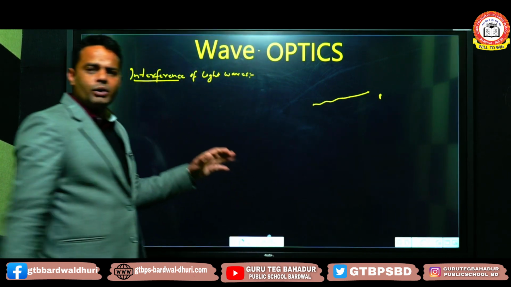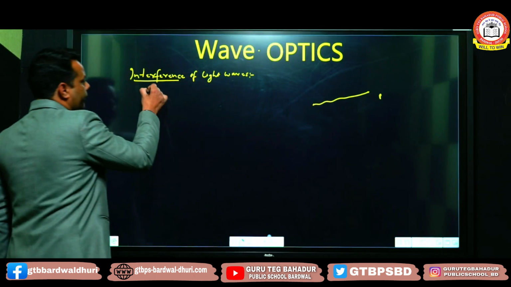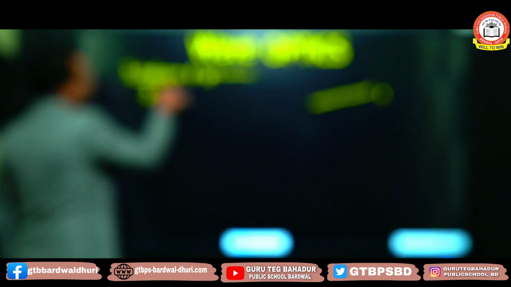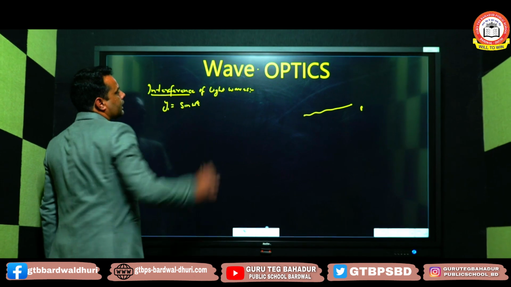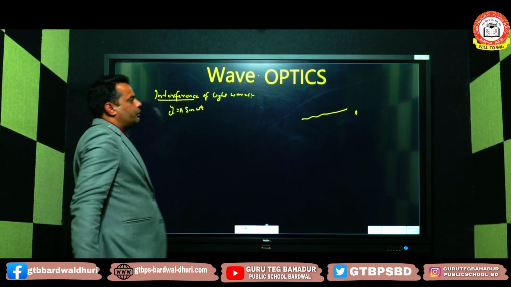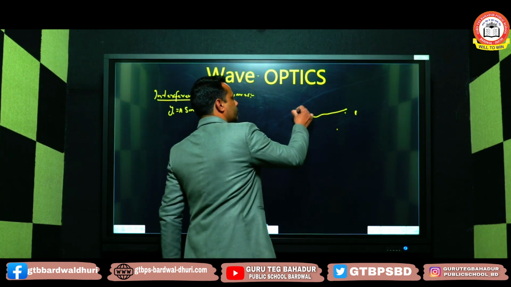Here the displacement of electric field can be given as y1 is equal to a1 sine omega t. This is the displacement of the electric field component at point P because of this S1 source.